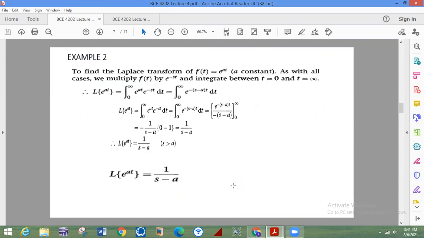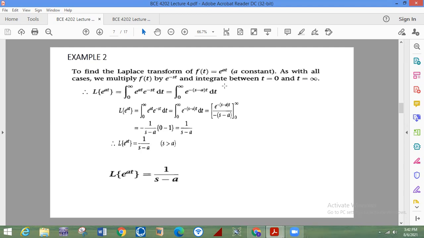Example 2, following the same steps to find the Laplace transform of the function of time equal to e to the power at. A is a constant, remember, in this whole thing.